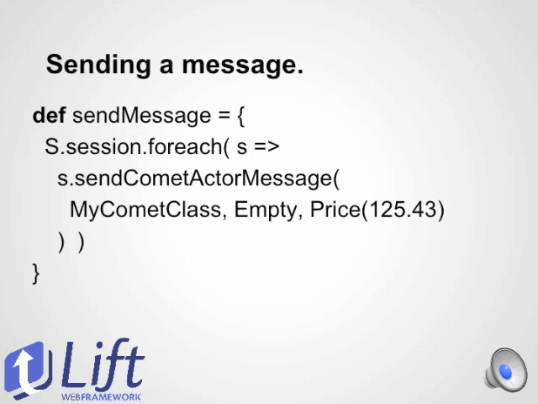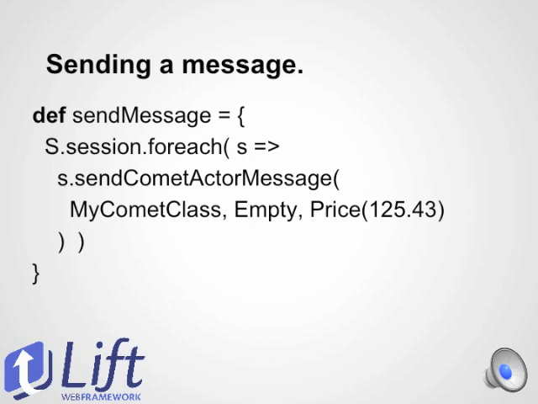Let's say I have a method called send message, and I can use this from a snippet. First we have this S, that capital S is a singleton in Lift that gives you access to a lot of information from the session and also from the request that's coming in from the page, from the browser.